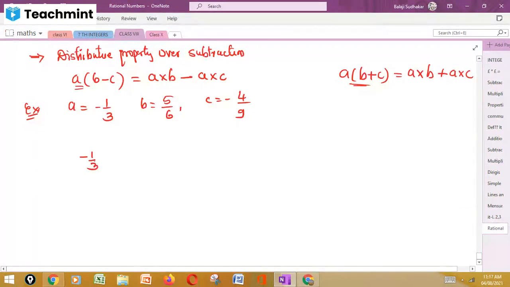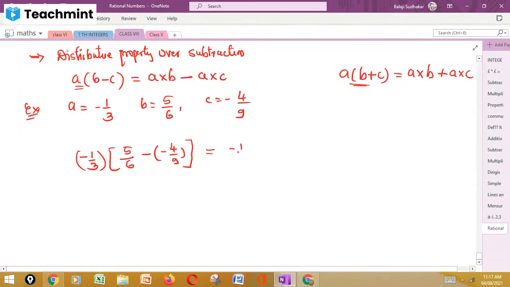Minus 1 by 3 is there, and inside the bracket 5 by 6 is there, and minus C, that is minus of minus 4 by 9. Very good. Again come to RHS.